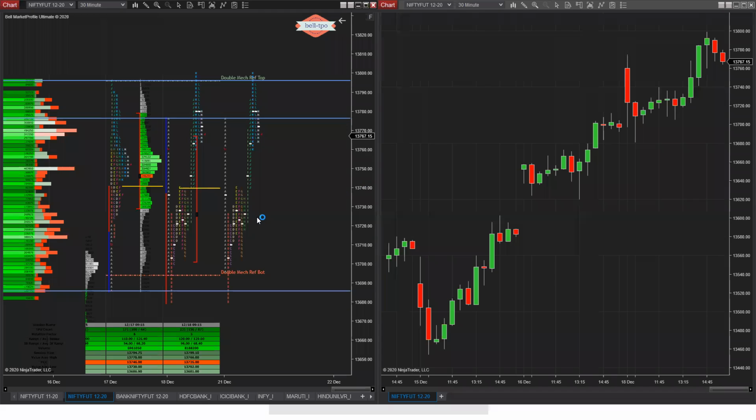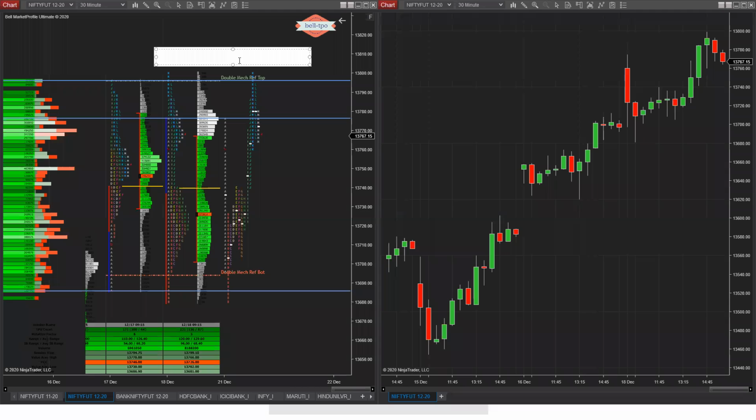So there are two kinds of profile. You can see it over here. One is a split profile, another one is a regular composite profile. For that particular day, the same price activity will be updating twice. The first one is what we call a regular profile or composite profile. You will be able to see the second one is nothing but the split profile.